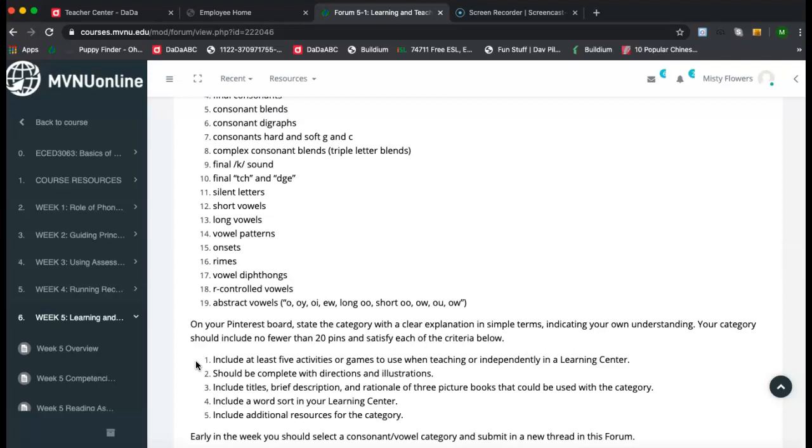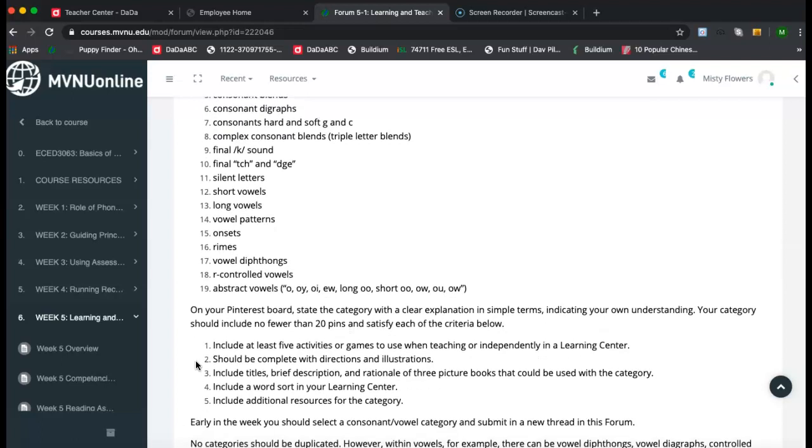It should be complete with directions and illustrations. Include titles, brief description and a rationale for 3 picture books that could be used with your category. You need to include a word sort in your learning center. And you may also add additional resources.